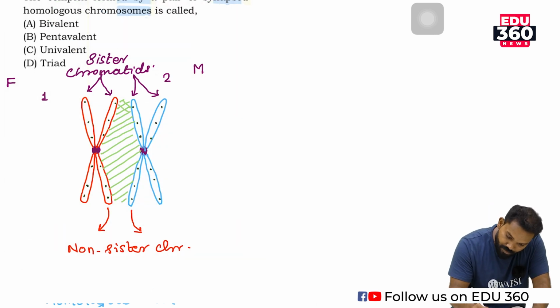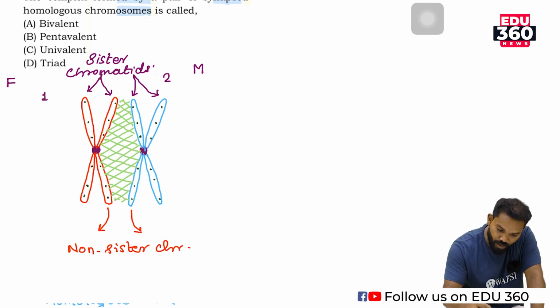So these two non-sister chromatids, these chromosomes are adjoined with a cementing material, a protein that is known as the synaptonemal complex.